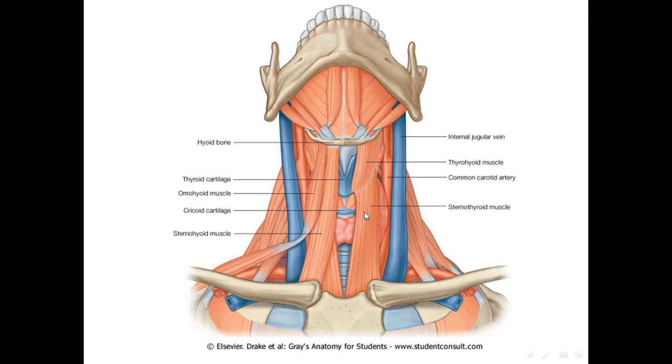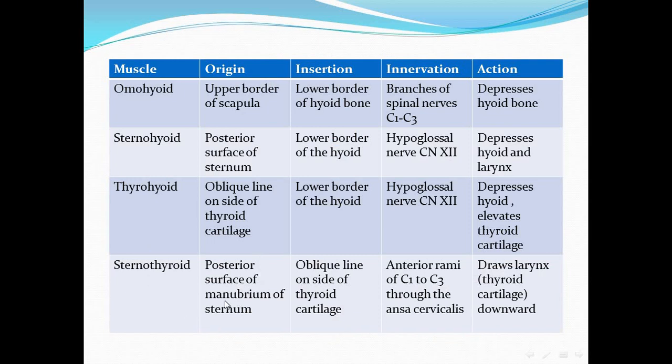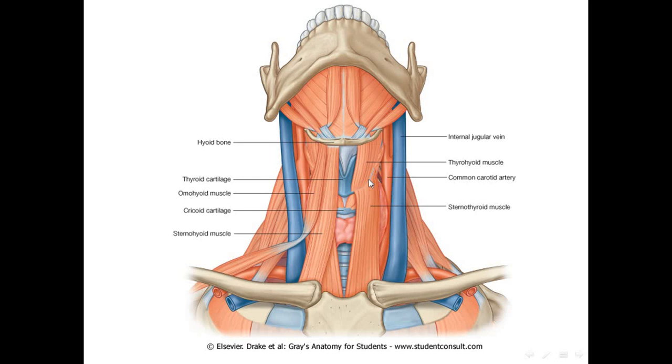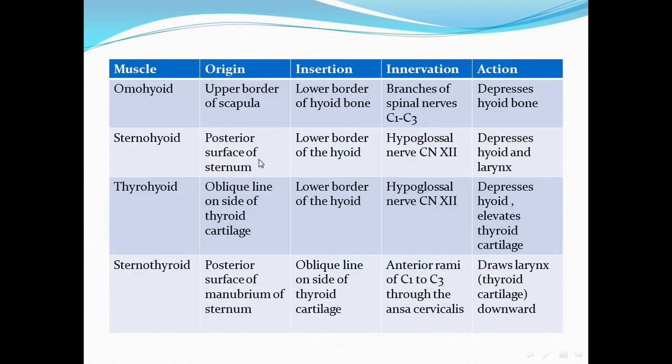The sternothyroid extends from the sternum, particularly the posterior surface and the manubrium of the sternum, to the oblique line of thyroid cartilage. Then we have the sternohyoid, which extends from the posterior surface of the sternum to the lower border of the hyoid bone.